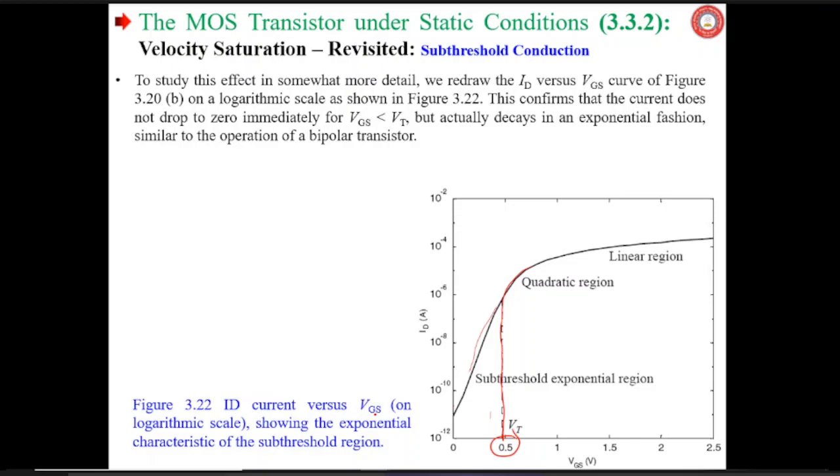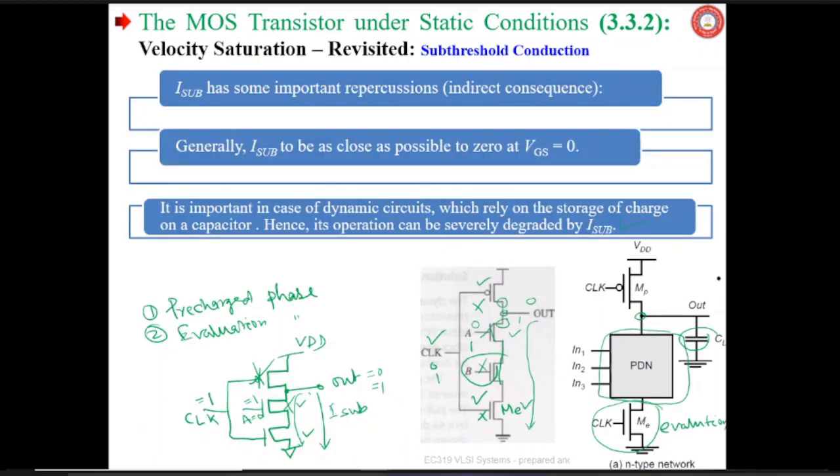Here, I_sub has some important indirect consequences. The direct consequence is what? There will be leakage and the battery will be exhausted very frequently without any computation. The battery of any battery operated device will be drained. Generally, I_sub should be as close as possible to zero.